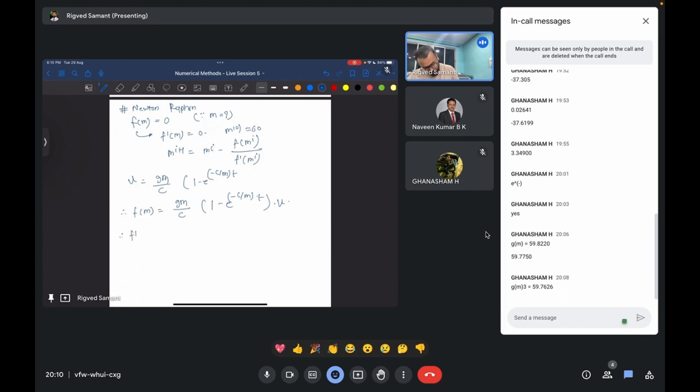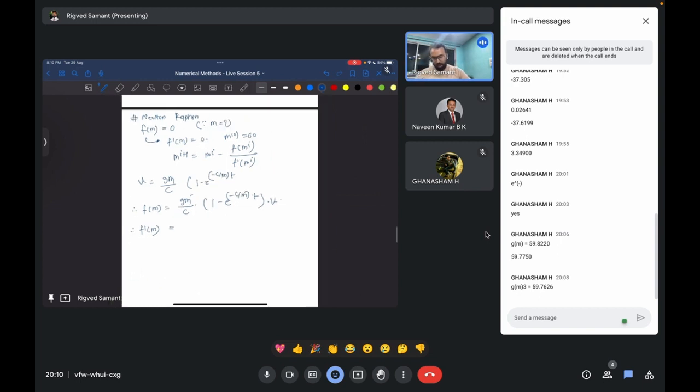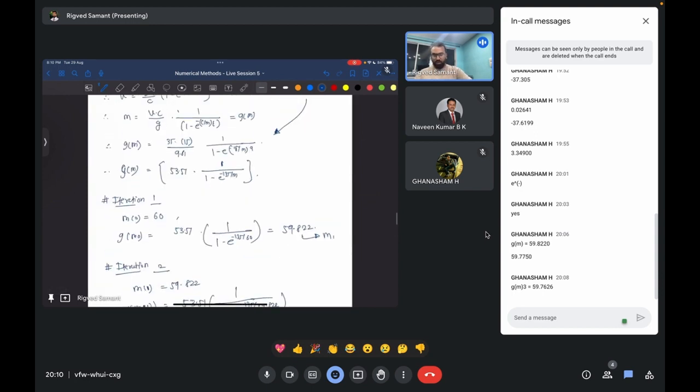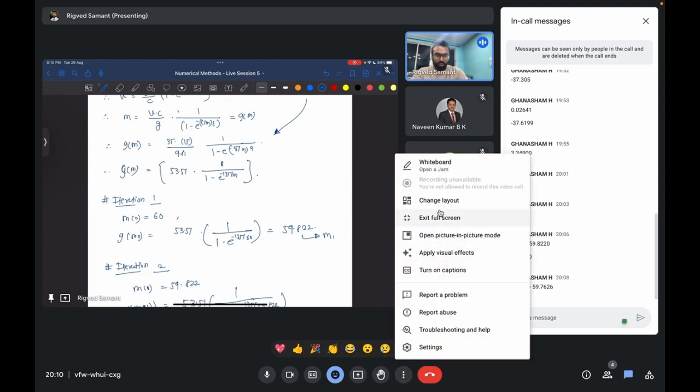So for f dash of m you have to use the uv rule, because there is an m here and an m here. You can do this Newton-Raphson method by yourself. I just showed you the fixed point method. So let's see the Excel sheet again to get a better understanding of how both methods work.